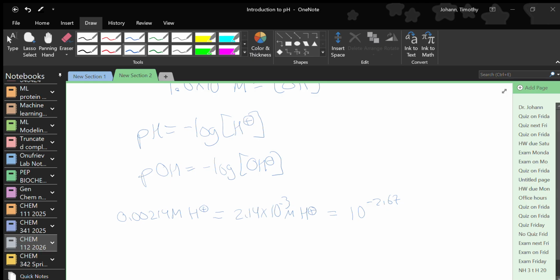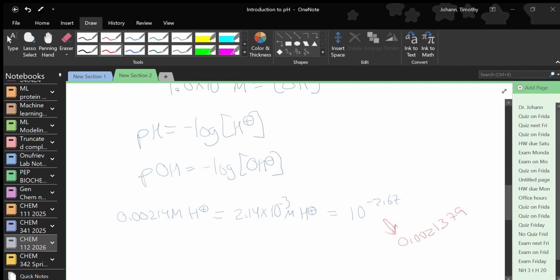Well, I don't want to take the log of it. I need to take the anti-log. 2.67 negative, and then anti-log. There we go. And what I get out of it is indeed 0.0021379, blah, blah, blah, which rounds to 214.